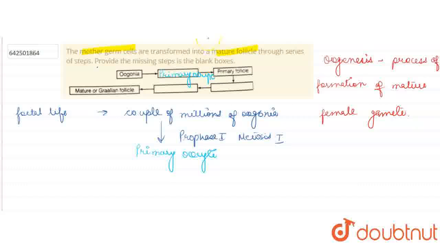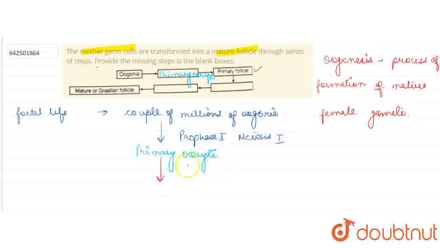oocyte. Moving further, these primary oocytes will now get surrounded by a layer of cells, granulosa cells. And then now they will be called the follicle or the primary follicle. This is already filled in.